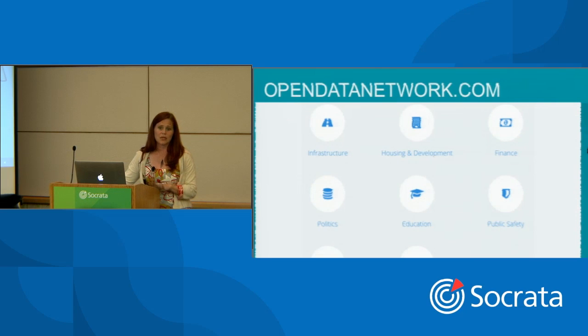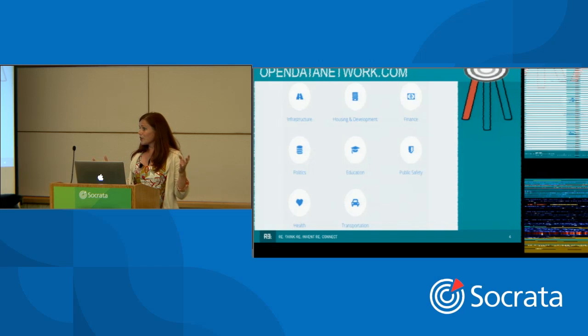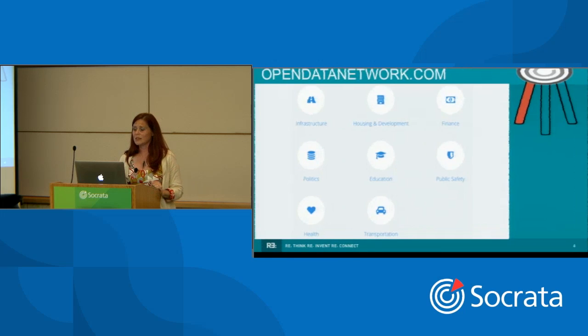We have thousands and thousands of data sets in here today, and they span multiple different topic areas: infrastructure, housing and development, health, education and finance. If you're not already going there to discover data sets that look like yours and to look at how you're performing against other like organizations, you should be going there today. And we'll have Deep show us some examples of this.